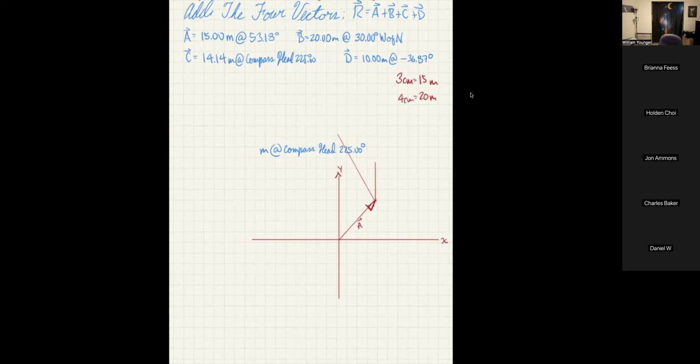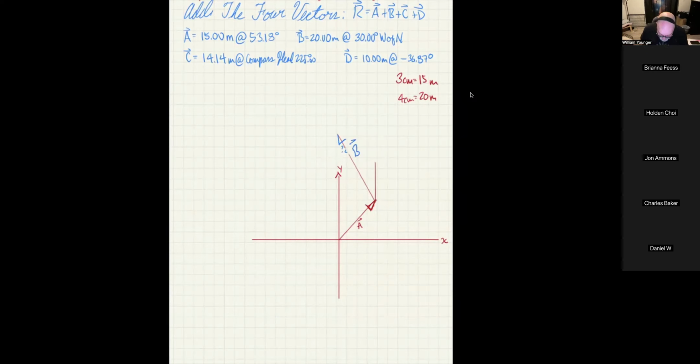Let's see if I got it right that time. Yes, so that's pretty good. I can erase all this stuff too because I don't really need it. So that's my vector B. Ah, darn it. Saved it. So that's my vector B.